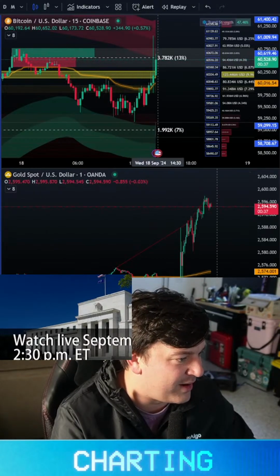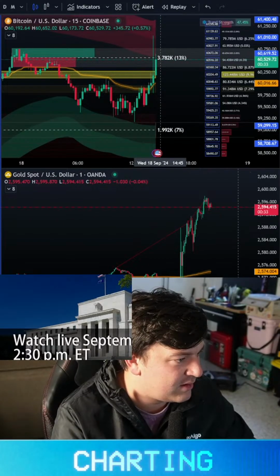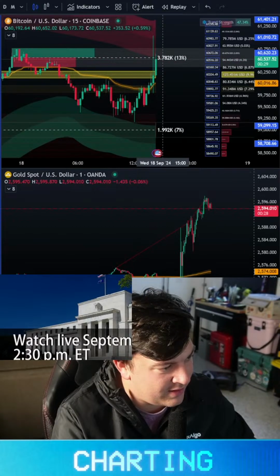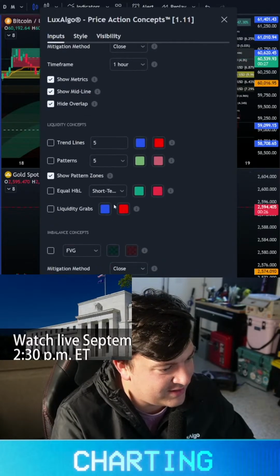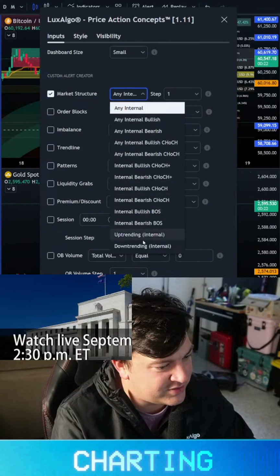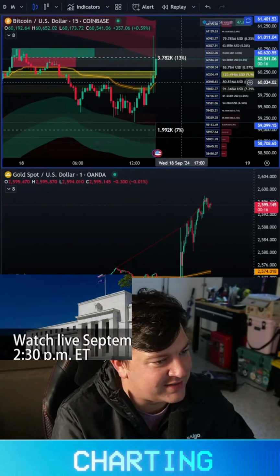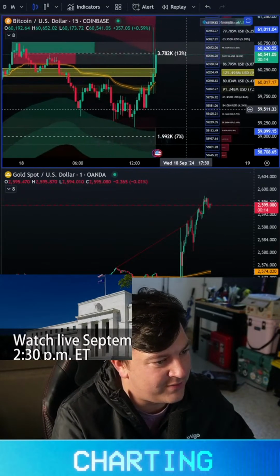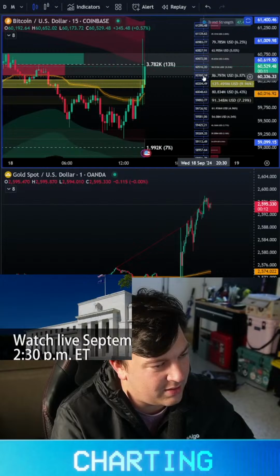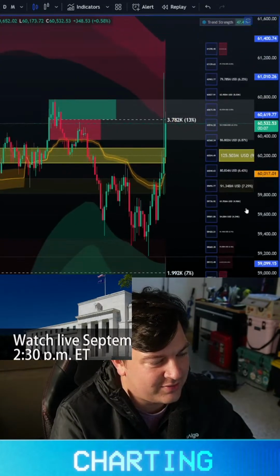Again, I'm somebody that likes to set up potential. I like to set up alerts for setups in the market via the price action concepts custom alert creator. So I can set up a certain market structure sequence that I like. But essentially, I kind of watch price day in and day out via the three features I just mentioned: the money flow profile, reversal zones, and those high time frame order blocks.